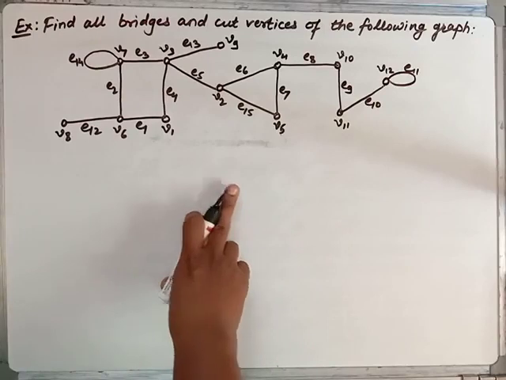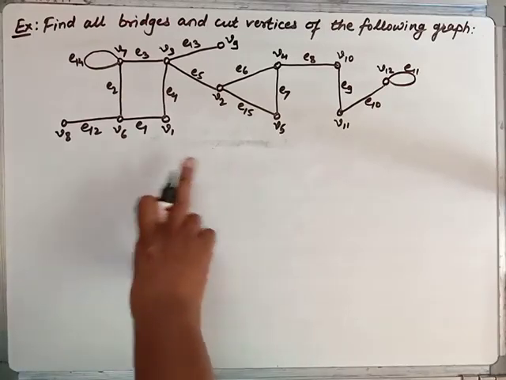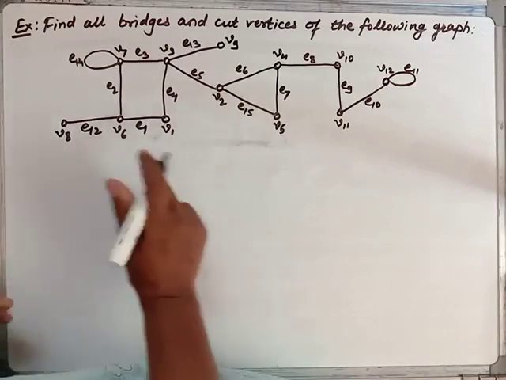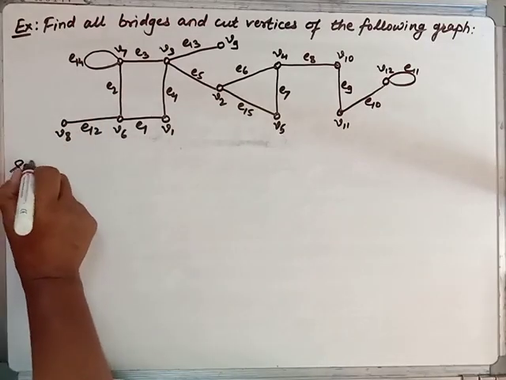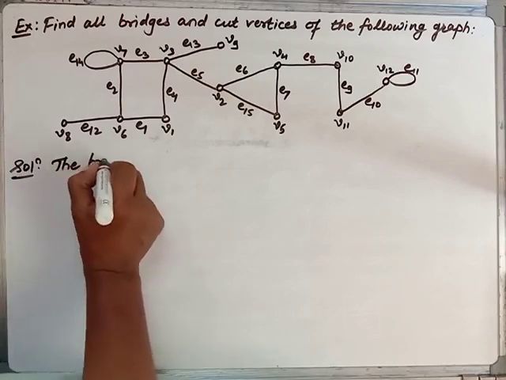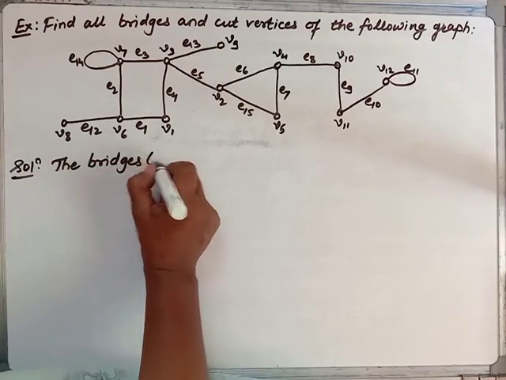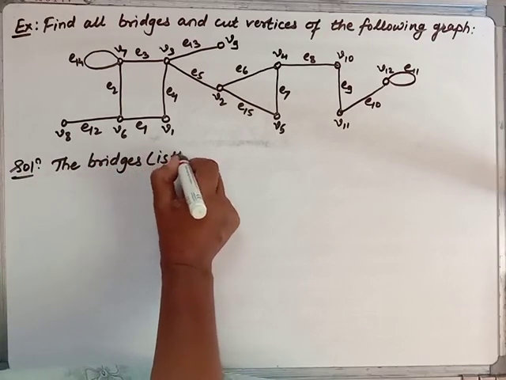This is an example. Find all bridges and cut vertices of the following graph. This graph is given to us, suppose. Now the solution. The bridges are nothing but, what? Isthmus.